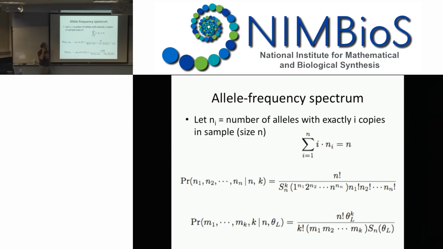K contains all the information on theta. So this expression here basically allows you, given your sample size and the number of alleles, to ask if this configuration of the frequency of those alleles departs significantly from neutrality. So in an infinite alleles framework, we mainly ask questions about how many alleles there are and what the frequencies of those alleles are.